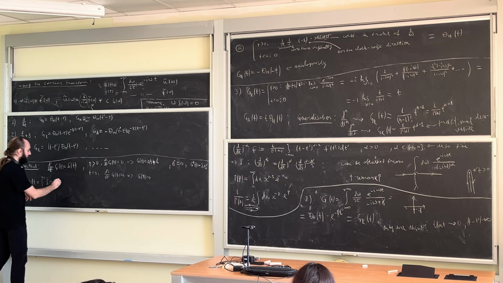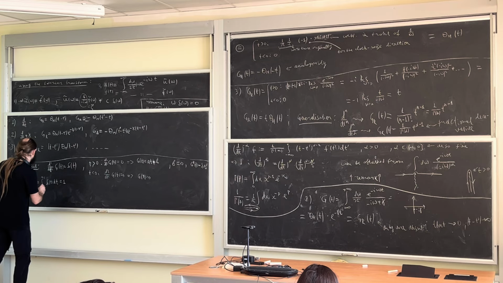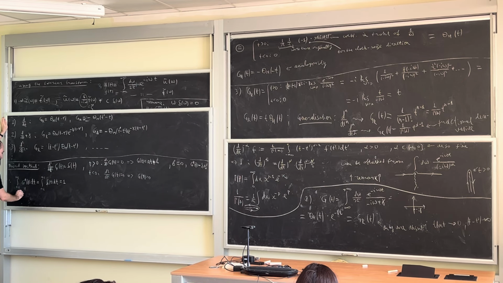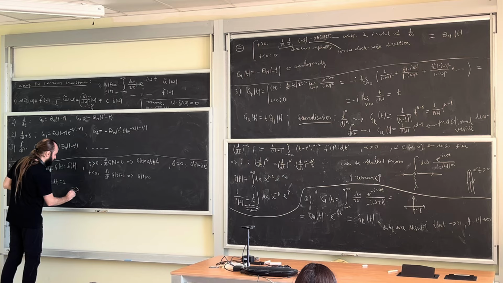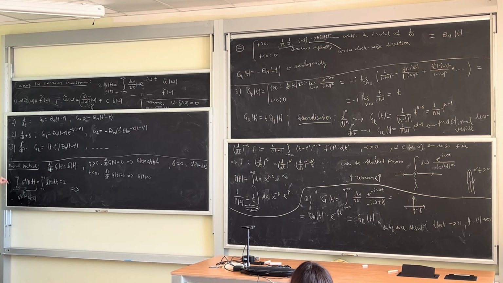So this equals 1, and the left side equals g prime of epsilon minus g prime of minus epsilon. Okay, so what can we say looking at this equation?